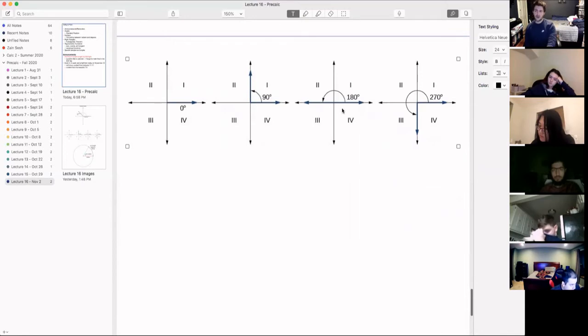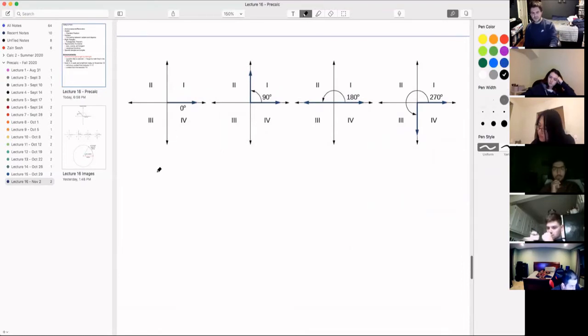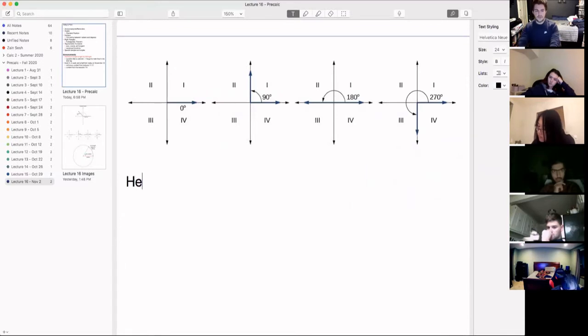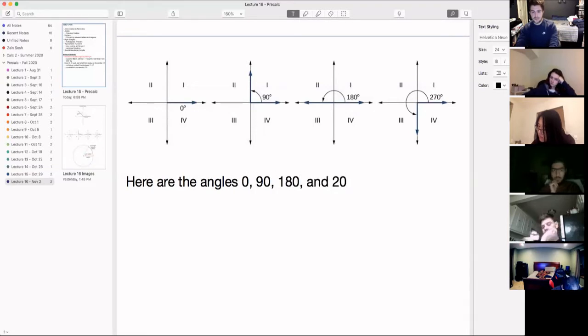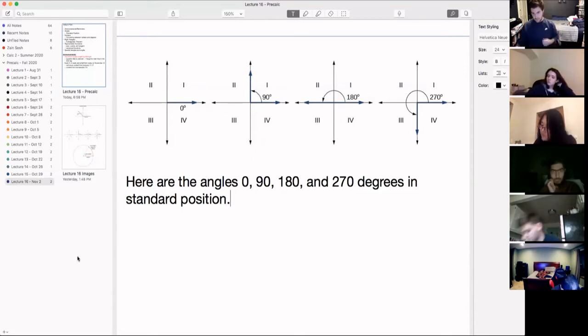We went counterclockwise to draw these. So here are the angles 0, 90, 180, and 270 degrees in standard position. We're just trying to reinforce this concept.